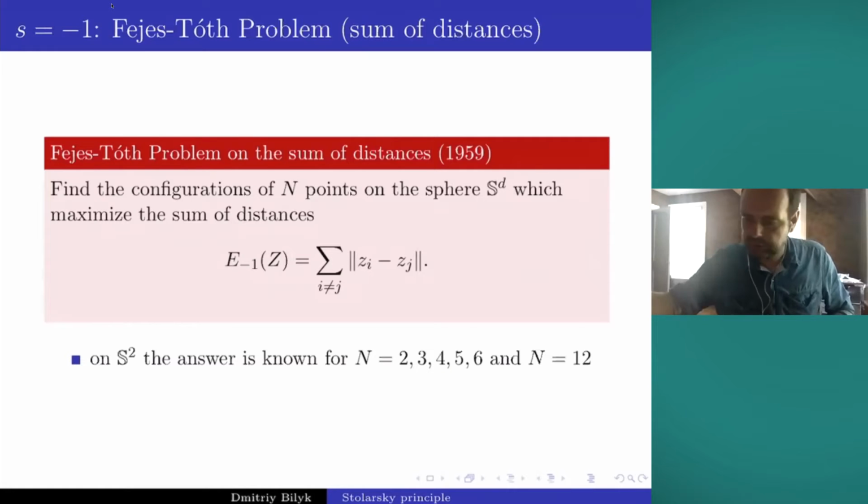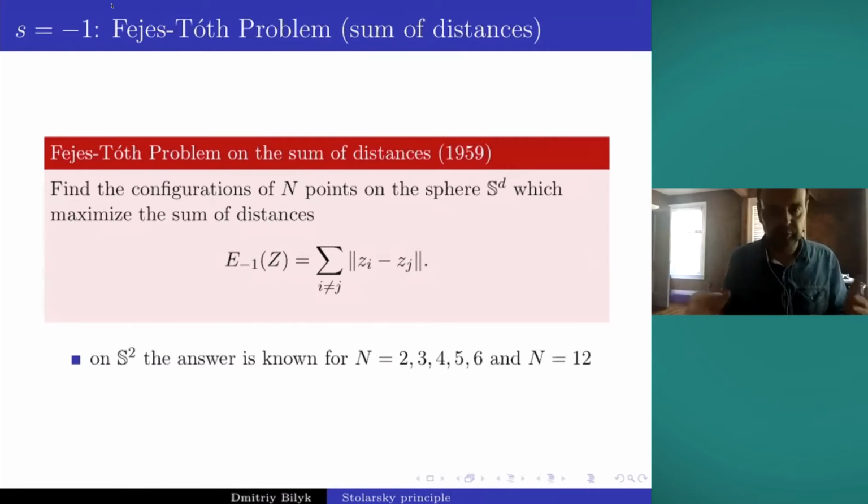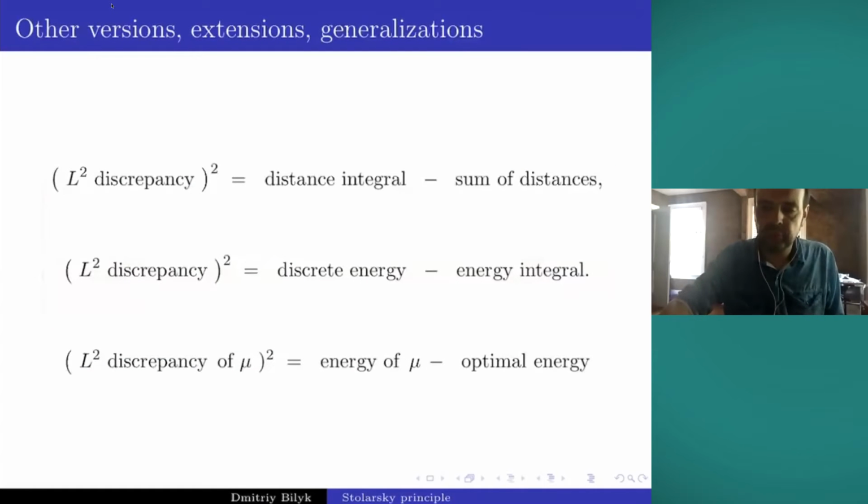This was generalized to projective spaces and, more generally, two-point homogeneous spaces by Skriganov. It was also recently generalized by Alexander Barg to discrete spaces and the Hamming cube, and this was mentioned in Peter Bavelenkov's talk. Generally, most of the generalizations that you see look this way: you need to connect an appropriate version of discrete energy and an appropriate version of L2 discrepancy.